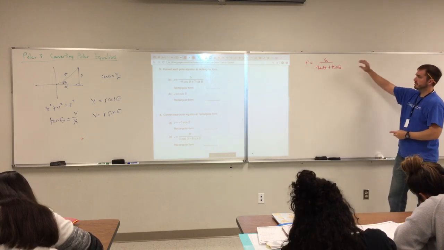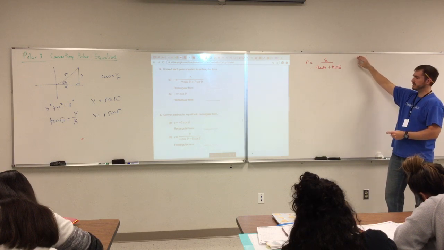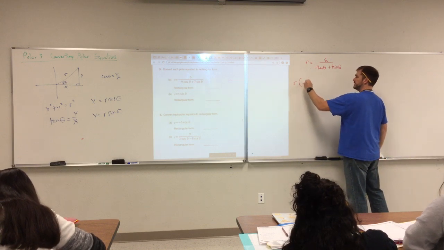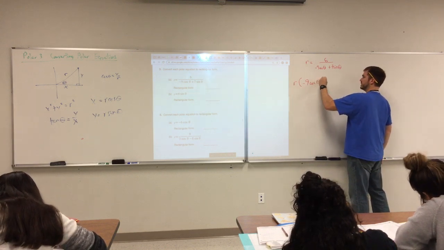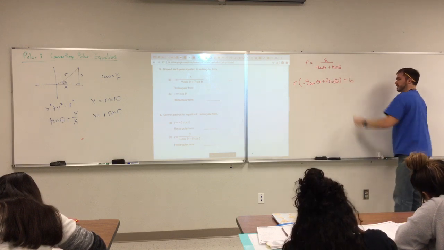I'm going to multiply both sides by that denominator, negative 9 cosine theta plus 7 sine theta, so that I have R times negative 9 cosine theta plus 7 sine theta equals 6.